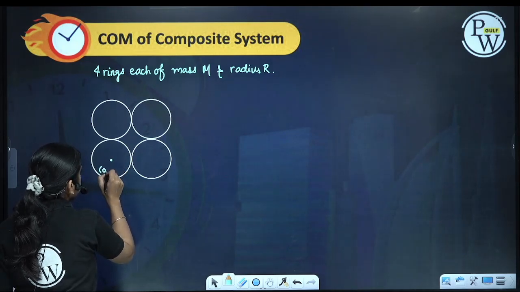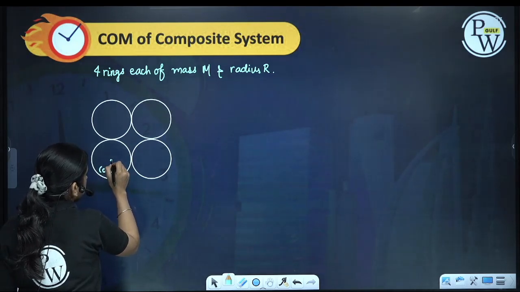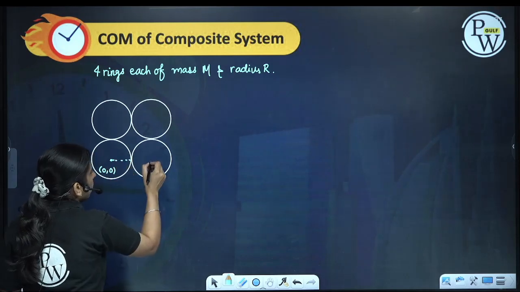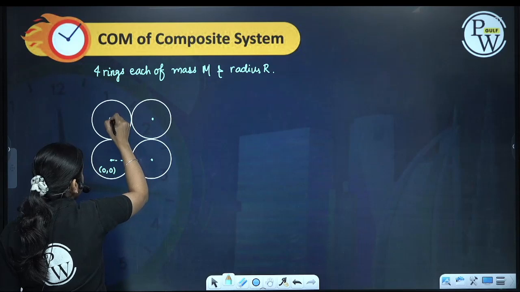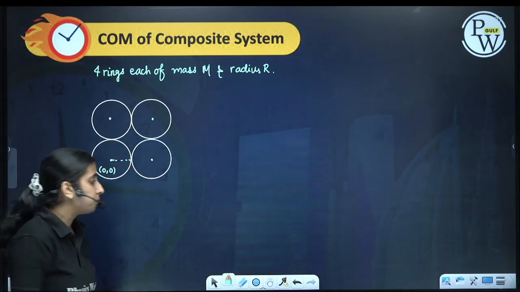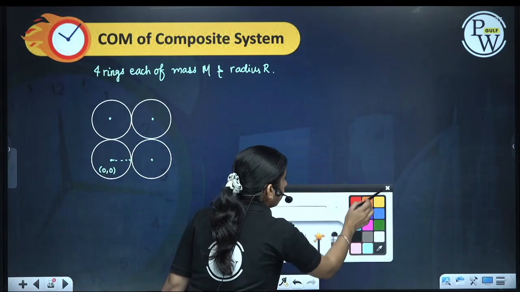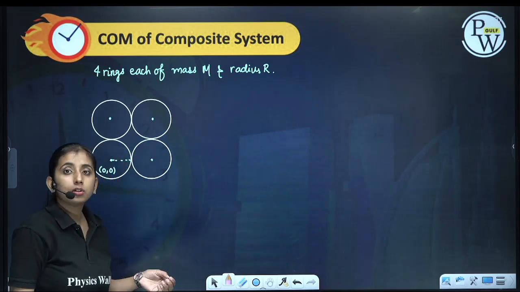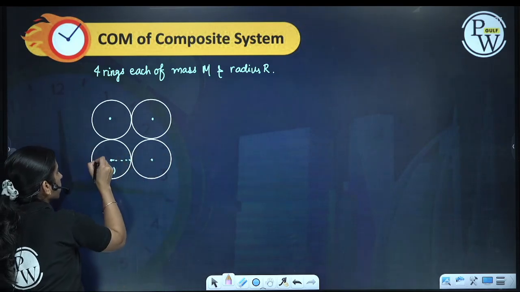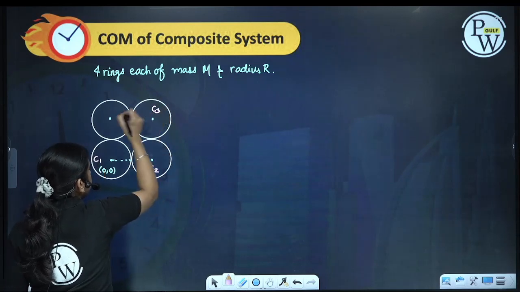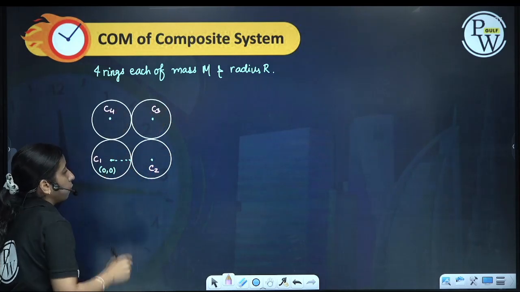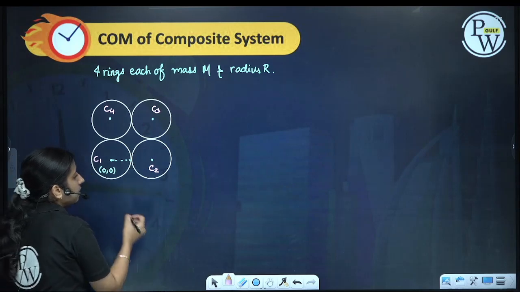Let us consider this as my origin. Now calculate the position coordinates of the center of mass of all the rings. These will be C1, C2, C3 and C4. What is C1? 0, 0.